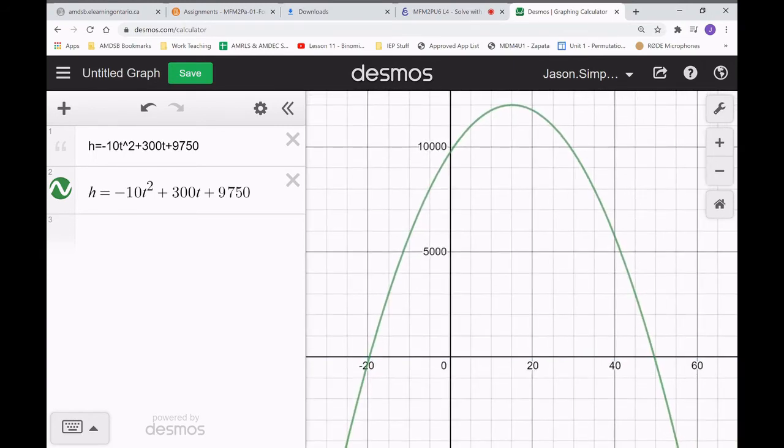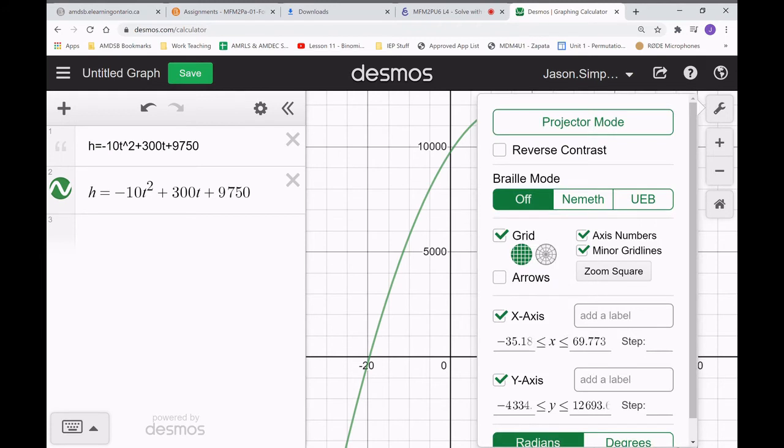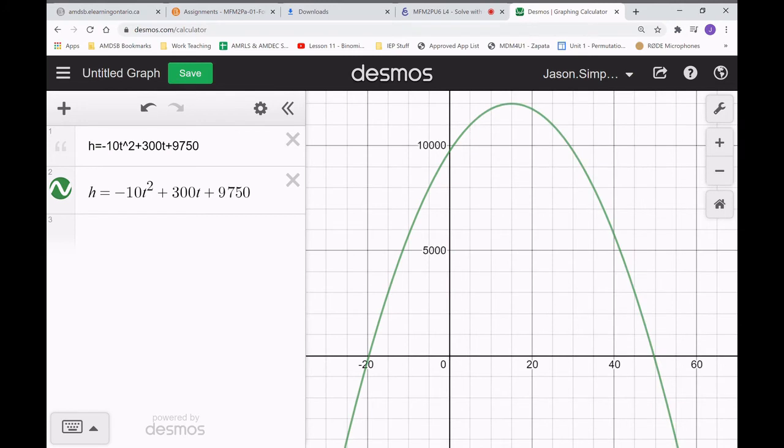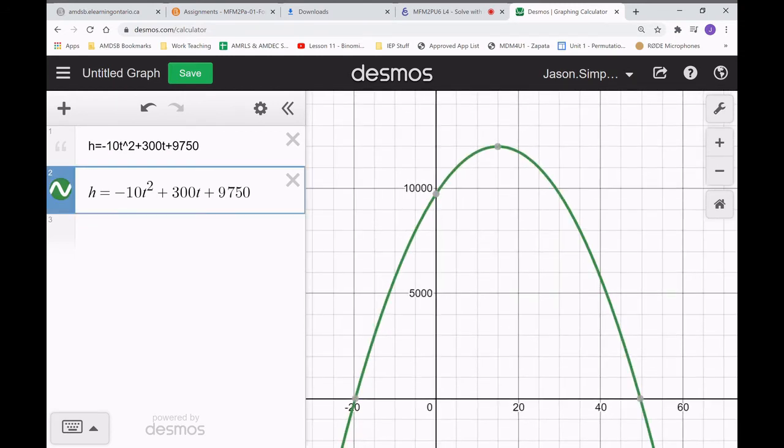Now, if you're having issues, you can always change the width of what we see on the screen by clicking on the x-axis. This is the start value. This is the end value for our x values, and then this is our minimum value for y and our maximum value for y. So now that we've done that, every time we do these, we always needed to know what our vertex was.